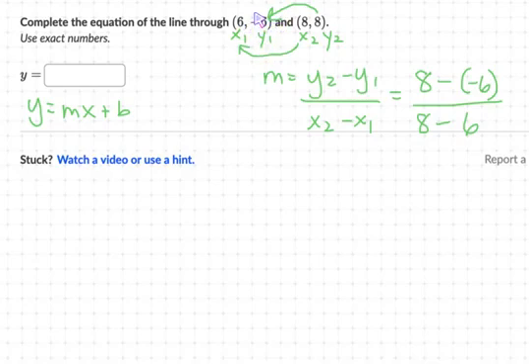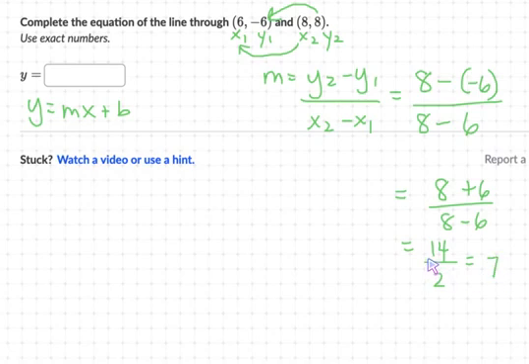If it's subtracting a -6, you end up with 2 negatives next to each other. If it's subtracting a +6, you just have 8 subtracting 6. So this becomes 8 plus 6 on top, and 8 minus 6 on the bottom, stays the same. 8 plus 6 is 14, 8 minus 6 is 2. 14 divided by 2 is 7.